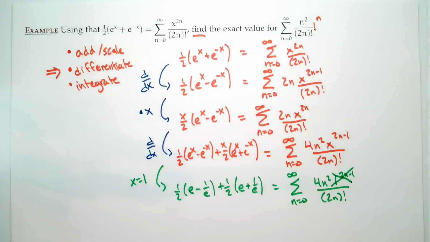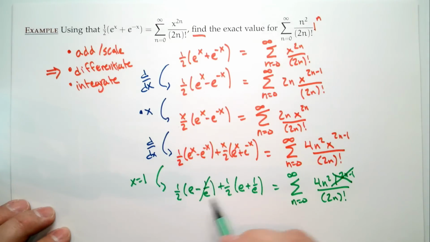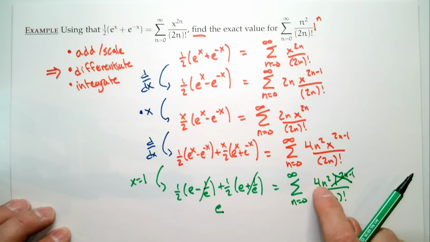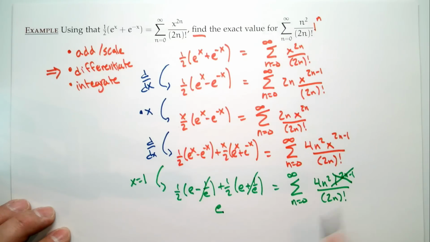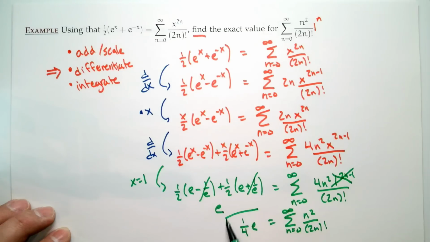Don't need to write it down. On the other side, the 1 over e's cancel, so we end up getting e. And the last thing is, how do we handle that 4? The way we handle it is divide both sides by 4. So we can conclude that 1/4 times e is the summation, n equals 0 to infinity of n squared over 2n factorial. And that's the answer.